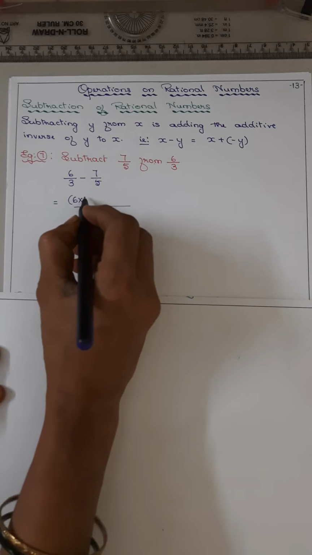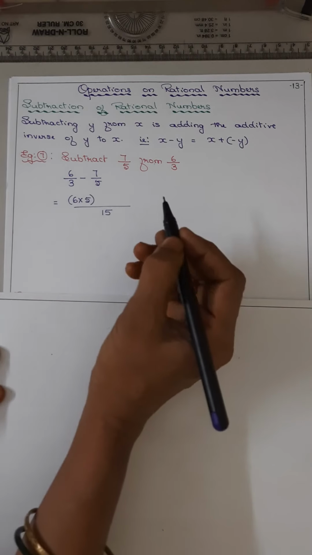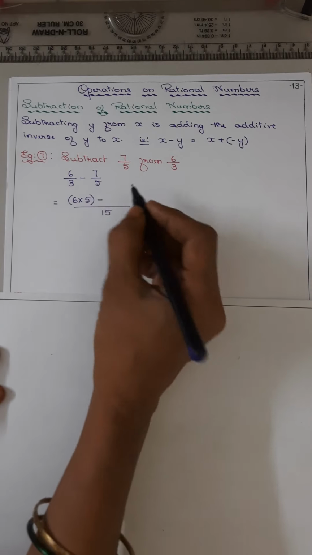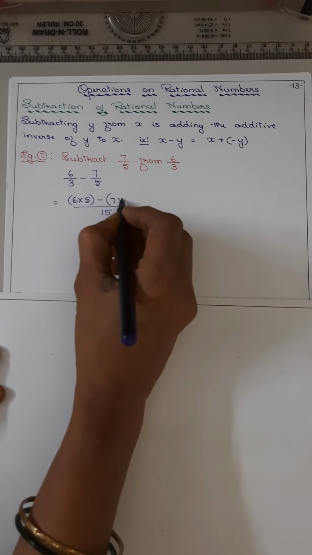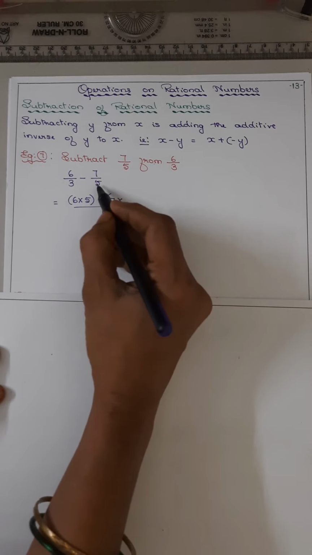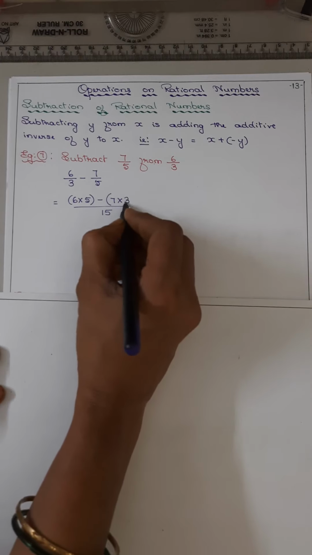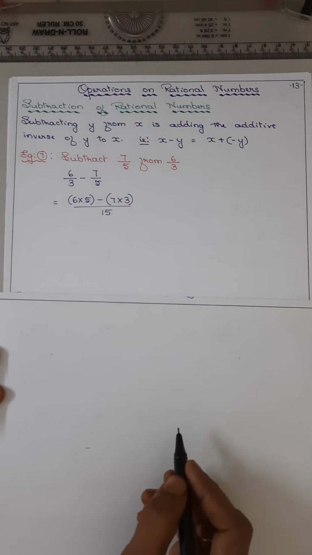So multiply 6 by 5, minus, now the numerator is 7 into, now ask the denominator 5, how much are 15? 5 3s are 15. Multiply by 3.